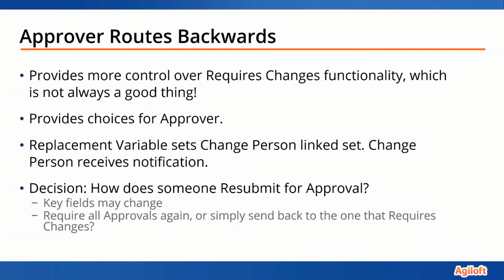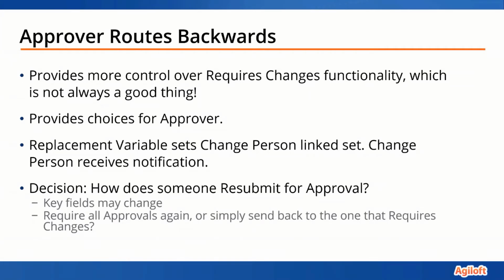This setup is actually pretty simple. The approver will select the person from the contract to require changes from, and it will send them a notification. We don't have any extra actions, nothing happening with the contract itself, although you could certainly add to this functionality to do so.